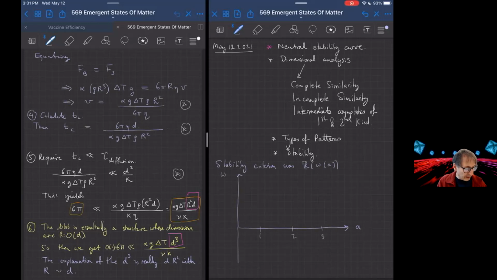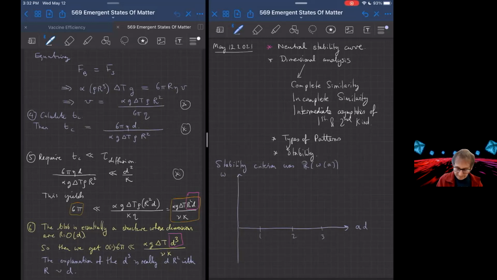And to make the axes dimensionless, what I'm plotting here is A times D. So A, if you remember, was defined some time ago. Let me just remind you what it is.